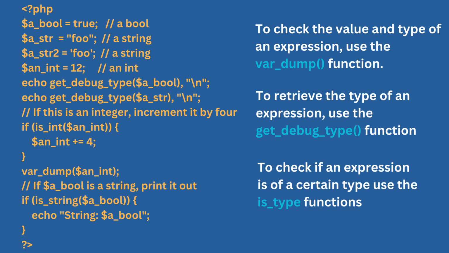So see some examples. Here $a, what is the type? Boolean. What is this type? String. What is this type?